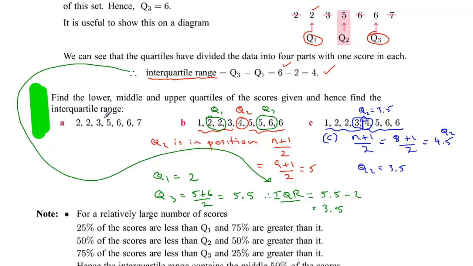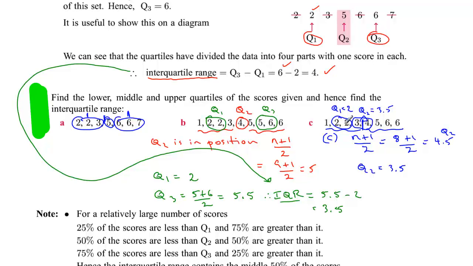Notice here that that's the middle. 5 is in the middle, so we've got to find that one, and that one is our lower and upper quartile. This one is in the middle, so we've got to average them out. Q1 is equal to 2.